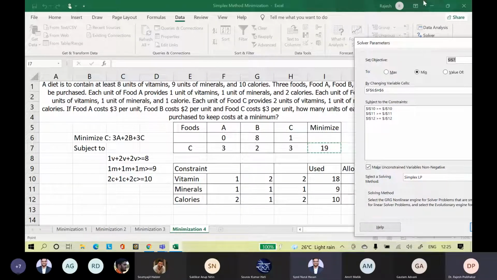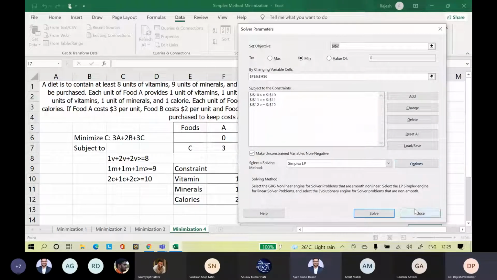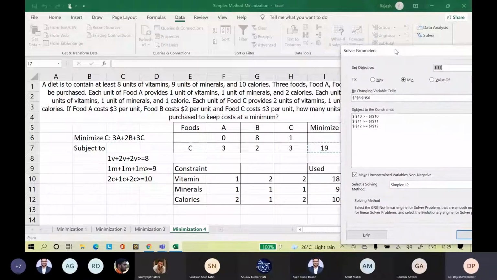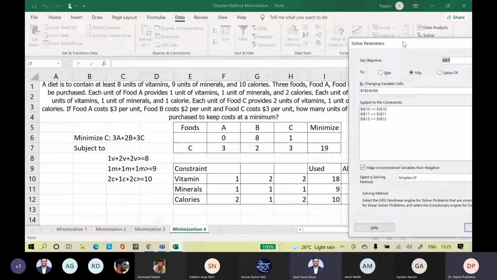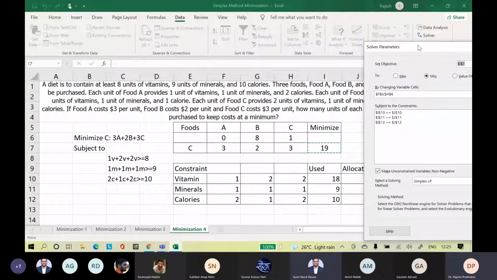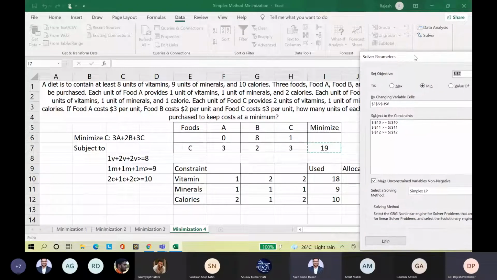So I'm getting ABC values different, but the entire value is coming exactly the same. What ABC values are you getting? 180, sir. I'm getting in the reverse order. Food A 1 unit, food B 8 units, food C 0 units.